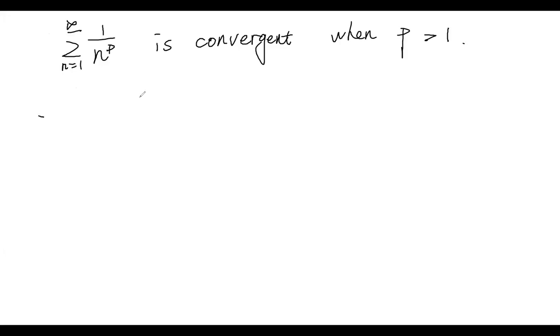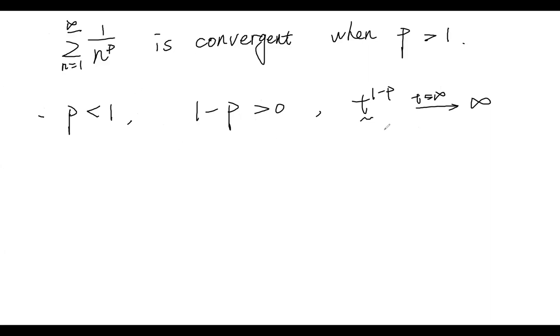And the other subcase is when p is less than 1. Then, in this case, you have 1 minus p greater than 0. So t to the 1 minus p is infinity to a positive power, and this goes to infinity as t approaches infinity.